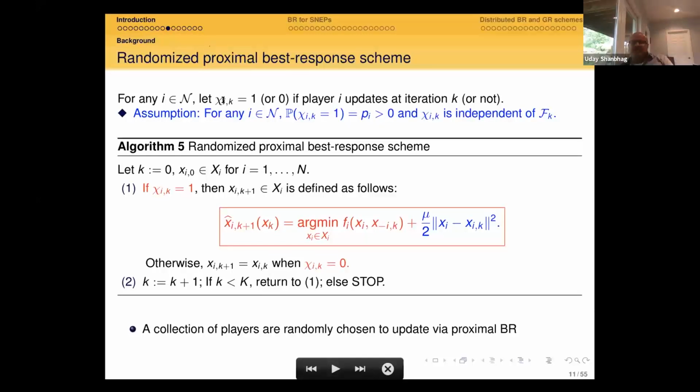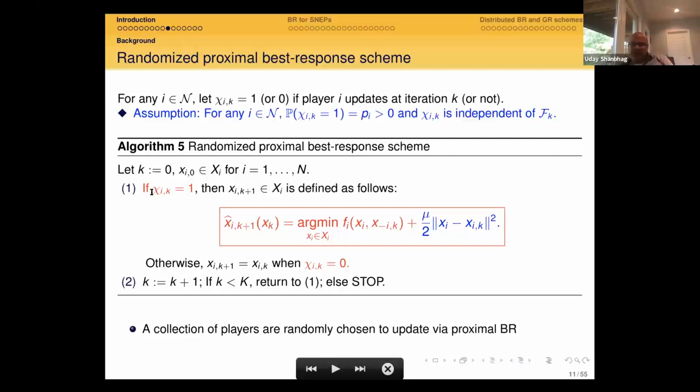In the randomized regime, with probability p_i, player i makes an update, and with probability 1 minus p_i, player i chooses not to update. Okay, you can see this captured here. You have two qualifiers, randomized and proximal.